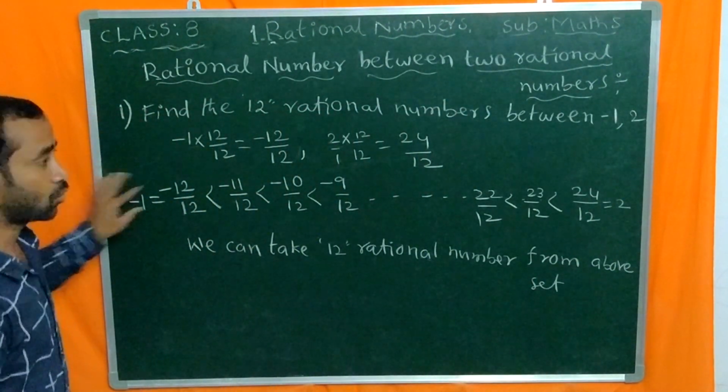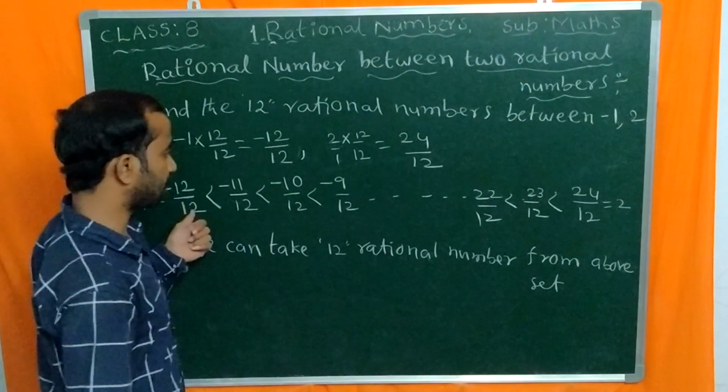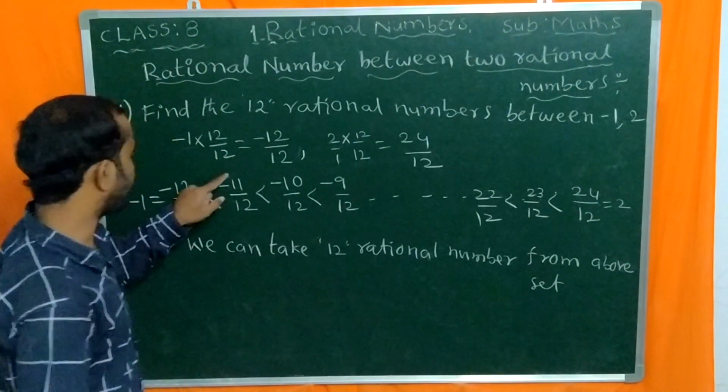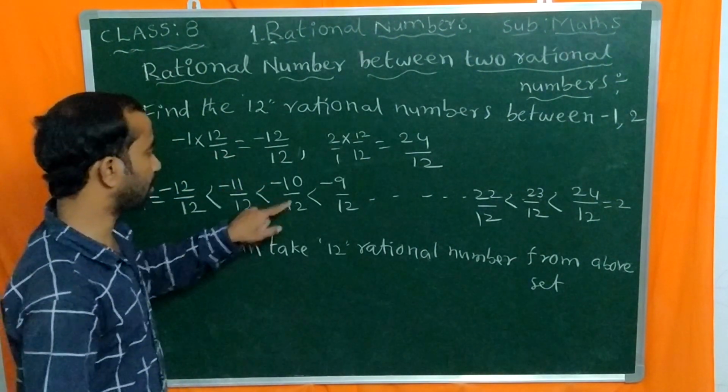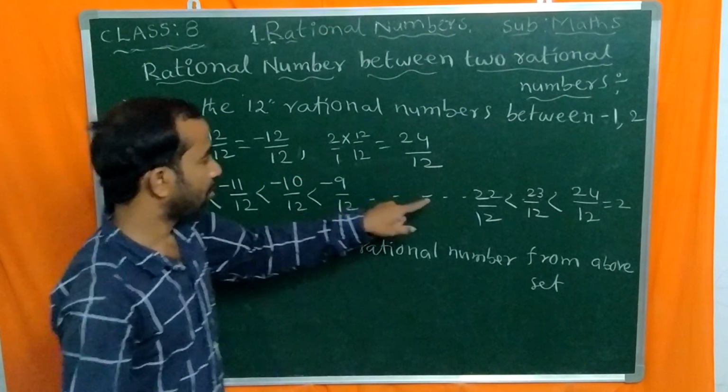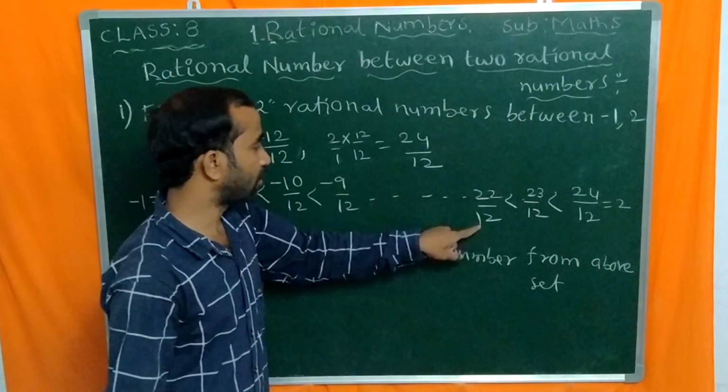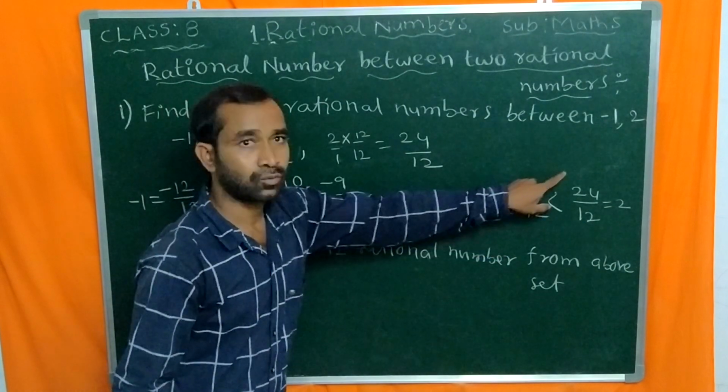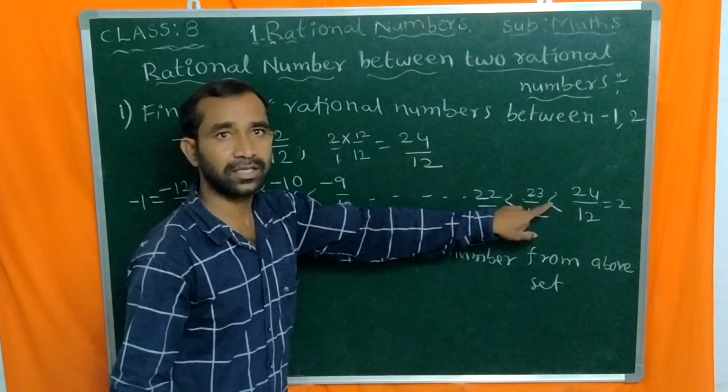Between minus 1 and 2, the rational numbers are minus 11 by 12, minus 10 by 12, minus 9 by 12, and also 22 by 12, 23 by 12, 24 by 12.